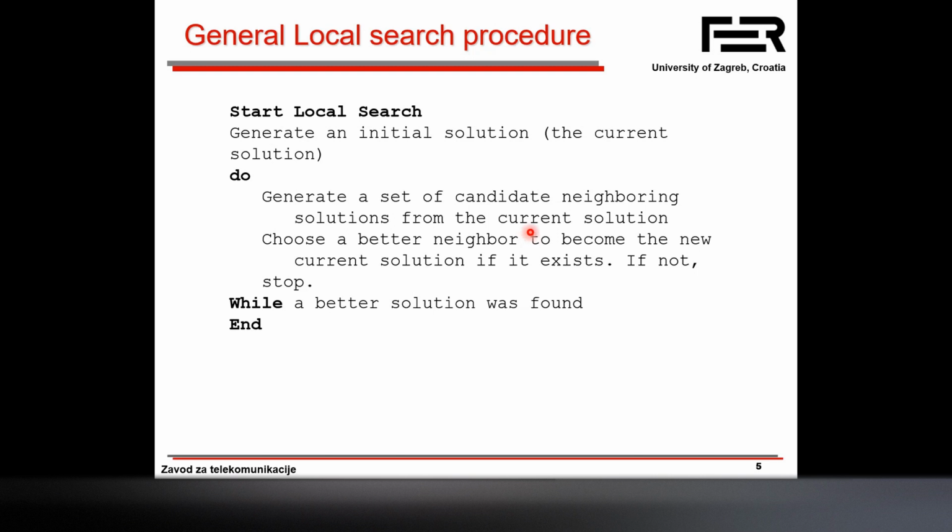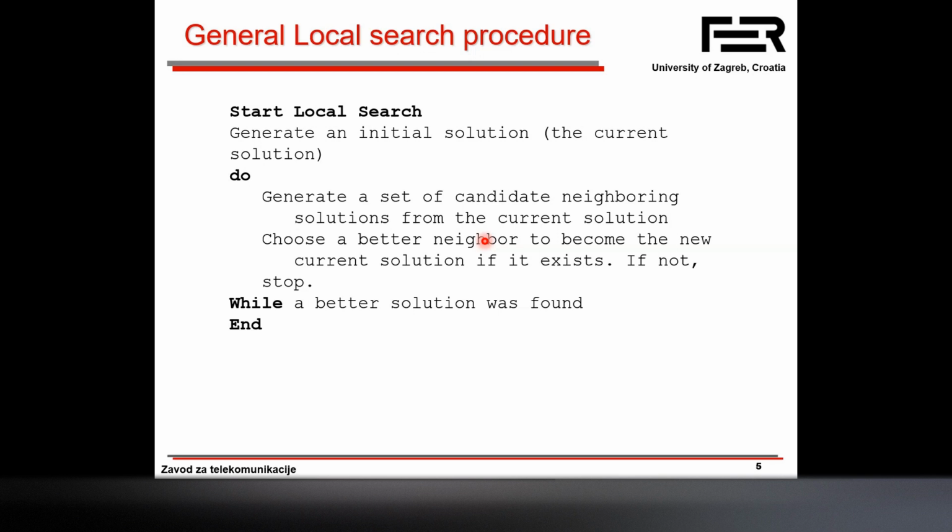If out of all of the neighboring solutions that we're searching, no better solution exists than the one we currently have, we're done. And we keep doing this while we continue to find a better solution. What we mean by done is that we've checked all of our neighboring solutions. There is no better solution, which means we are currently in an optimum or local optimal solution. It doesn't necessarily have to be the globally optimal solution, but a locally optimal solution.